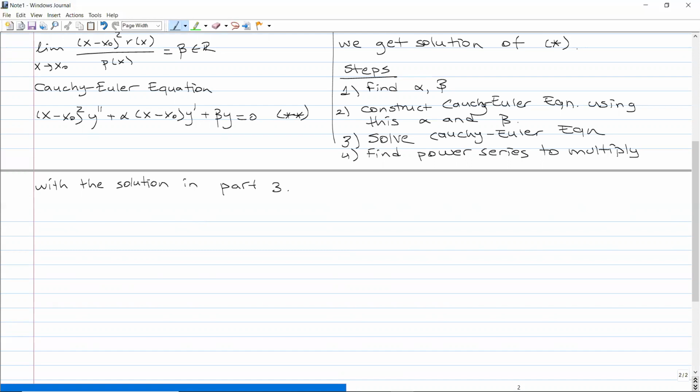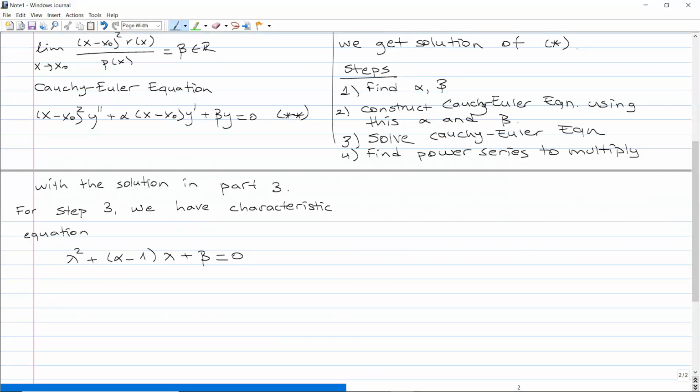All right, but for step 3, we have the characteristic equation: lambda squared plus (alpha minus 1) times lambda plus beta equals 0.